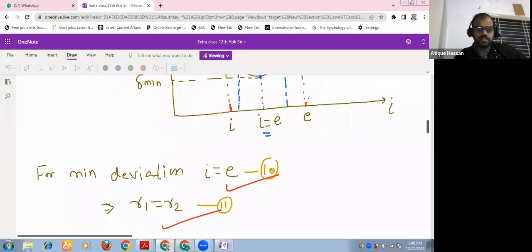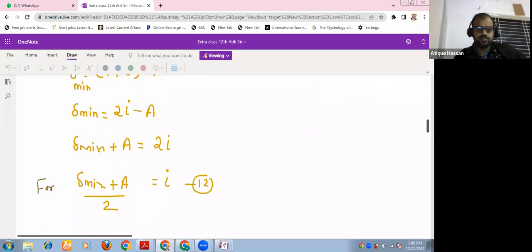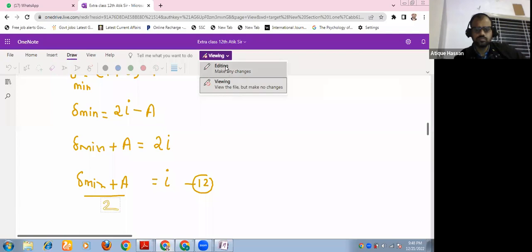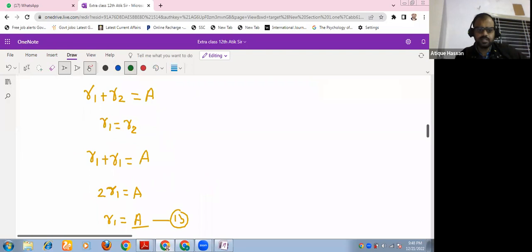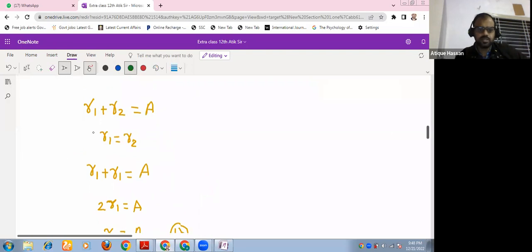Also we know that this result we have already got, and also we know that R1 plus R2 equal to A. So for R1 equal to R2, you can write it like this.